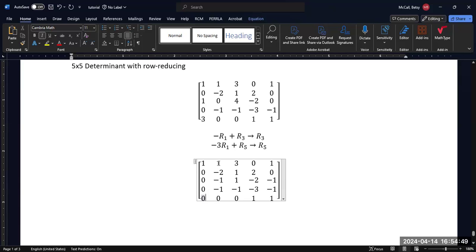This one, I'm going to get minus 3 plus 0 is going to be minus 3. Minus 3 times 3 is minus 9. Minus 3 times 0, that doesn't do anything. Minus 3 times 3 plus 1 is going to be minus 2.